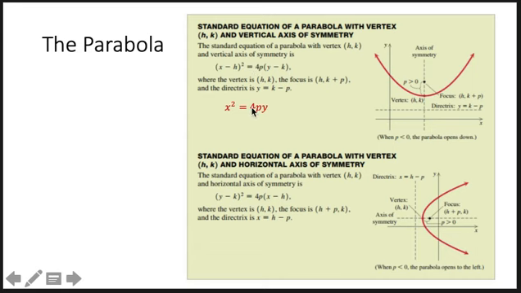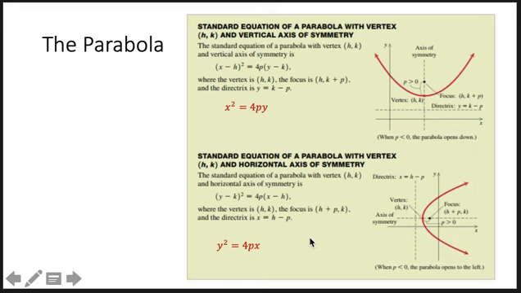And when the parabola is facing left or right, before, when the vertex was the origin, we had y squared equals 4px. That's because, remember, h and k were 0. But now, if h and k are not 0, our equation is (y minus k) squared equals 4p times (x minus h).